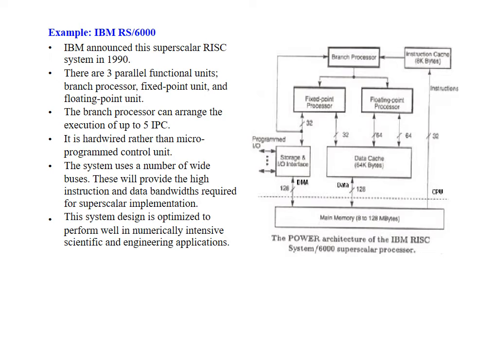This system design is optimized to perform well in numerically intensive scientific and engineering applications. The POWER architecture of the IBM RISC System 6000 Superscalar processors is an example of the IBM RS.